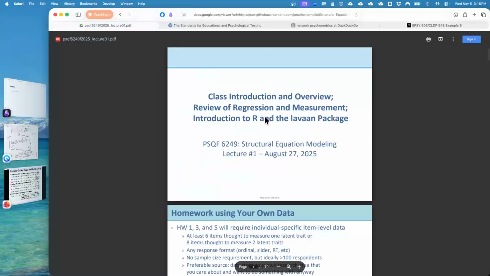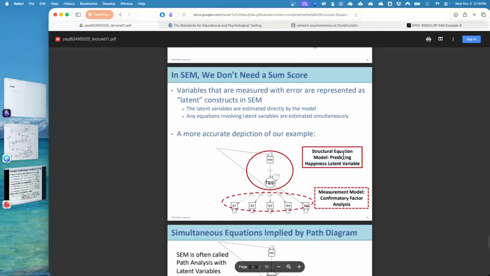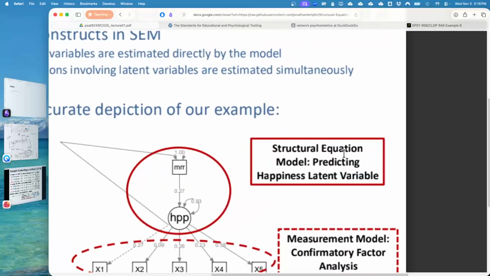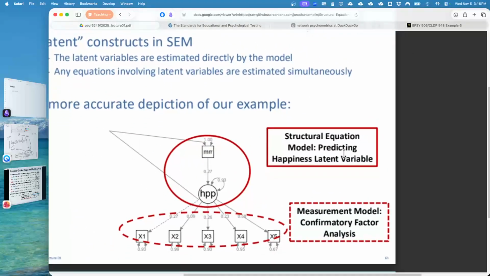Better yet, go here. When I go to this slide toward the end here, what this model is really describing is basically, are there mean differences in the latent variable of happiness based on this categorical indicator of whether a person's married or not, right?